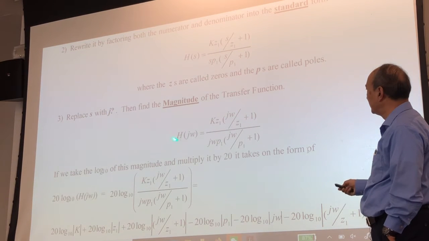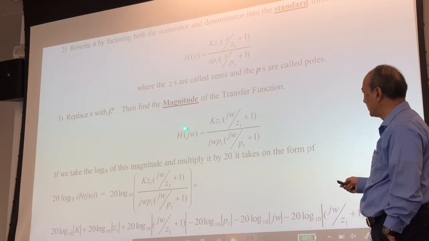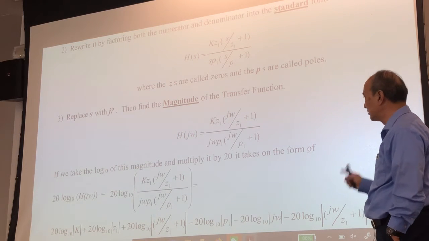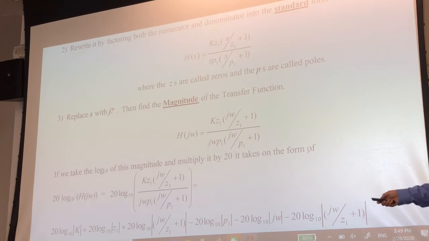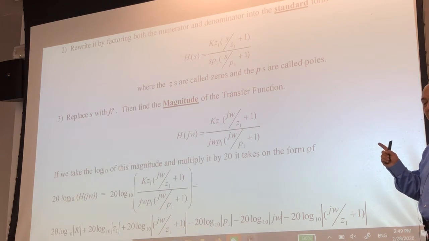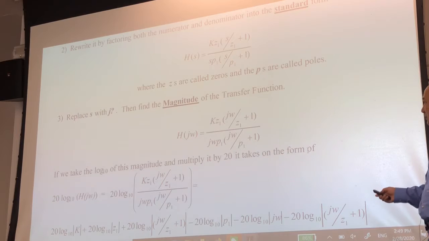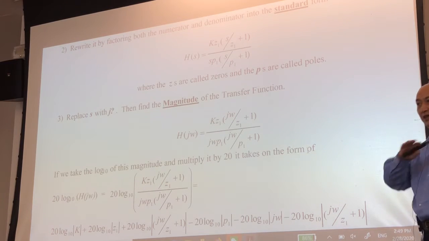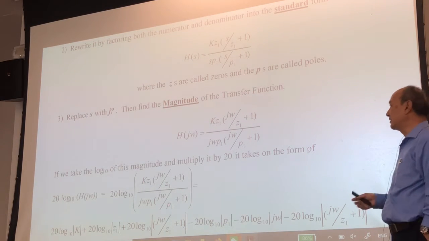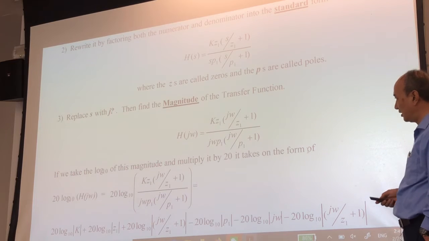This transfer function is now called the frequency response. Each factor is a complex number, so overall it is also a complex number in terms of omega. Omega is changing, and we use omega as the x-axis to see what is going on.